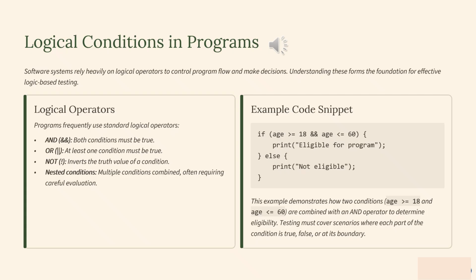When testing this program, testers must check different conditions such as age below 18, age between 18 and 60, and age greater than 60. This ensures that the logical conditions work correctly in every situation.